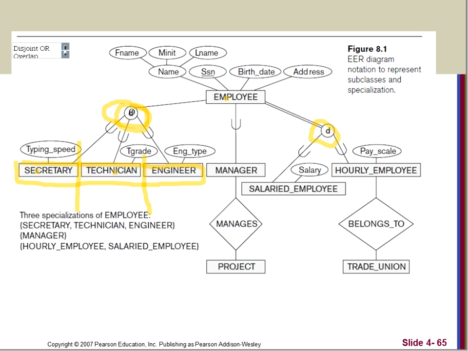So in case you allow such an overlap, this can be O, overlap. So either disjoint or overlap.